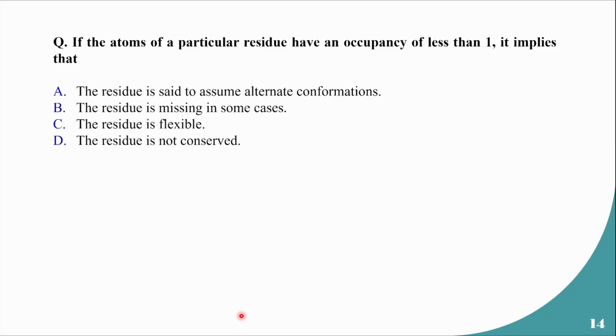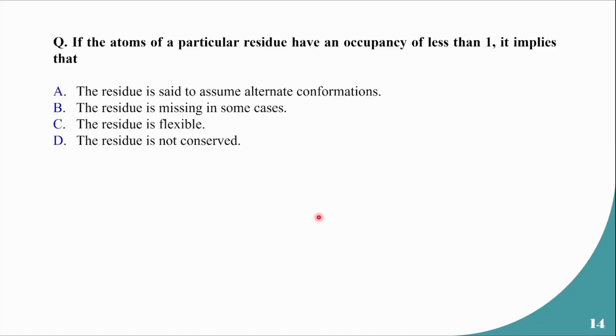In the whole crystal, for example, some molecules have one particular conformation for this atom or this set of atoms, and in some other crystallized molecules, these coordinates are slightly shifted. If you calculate the occupancy between all of those, it will sum up to one in total.